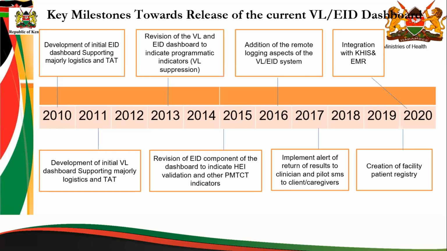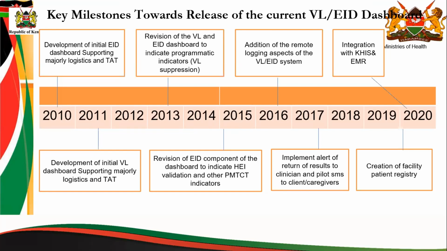In 2020, there was growth from what the system had to integrating it further with the current EMR and also the aggregate system, which is KHIS, formerly called DHIS.